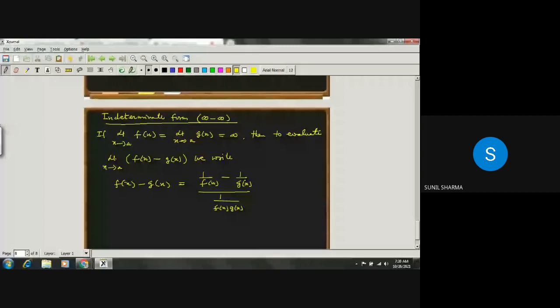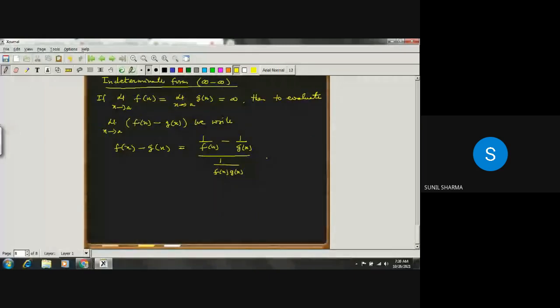Now, which is in the form of 0 by 0, which assumes the indeterminate form zero by zero as x goes to a, and we can evaluate this by applying L'Hopital rule.